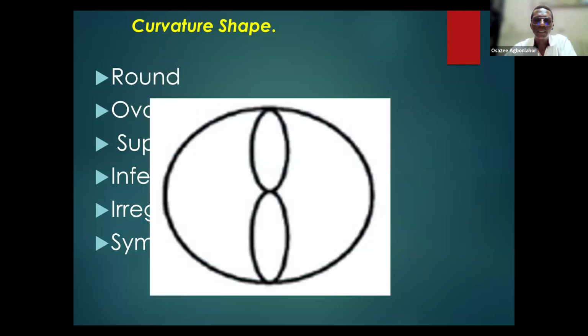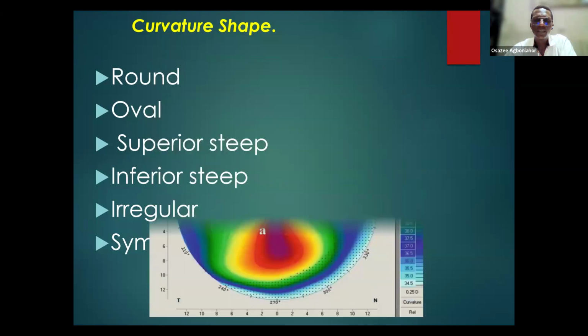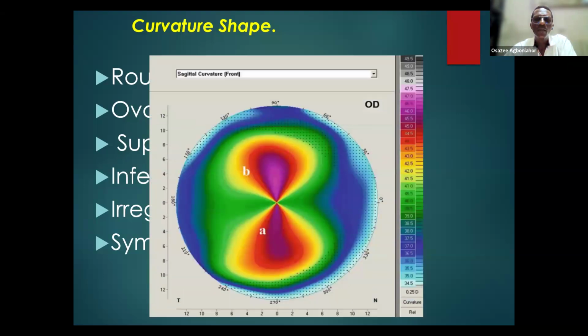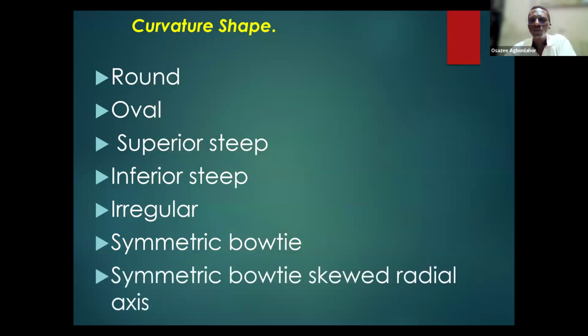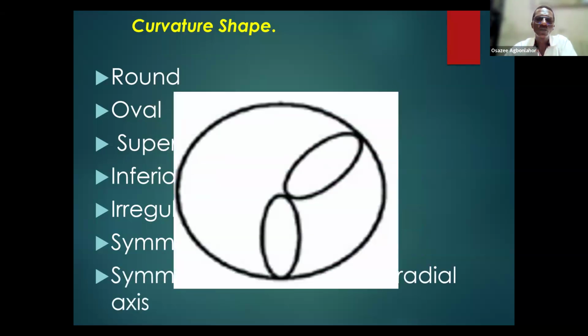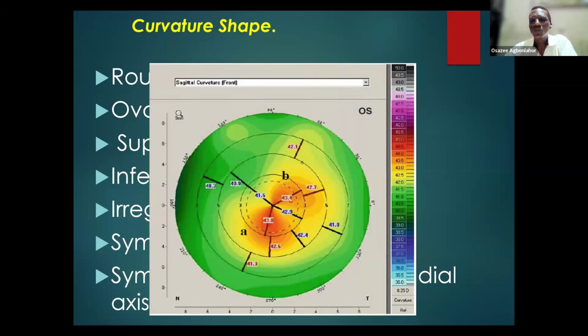Okay, that's a symmetrical bow tie, as seen in this photo here. You see that both A and B have the same shape, and that's why it's called a symmetrical bow tie. We also have symmetrical bow ties that are skewed in their radial axis, as seen in this photo here. You have them skewed to one side, based on where the irregularity is coming from.